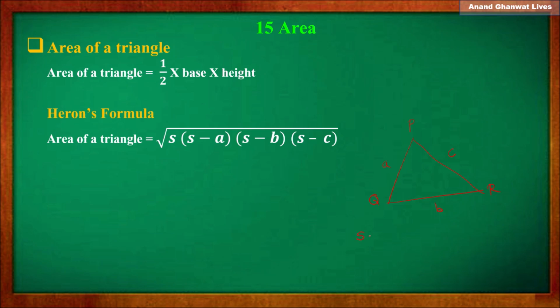And what is s? S is semi perimeter. So semi perimeter is equal to perimeter divided by 2. Now perimeter of a triangle is equal to the addition of all three sides. So a plus b plus c is the perimeter of a triangle, and divided by 2 means semi perimeter of a triangle. So understand the formula of Heron for calculation of area of a triangle.